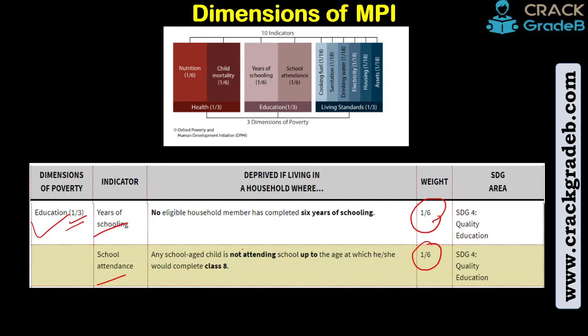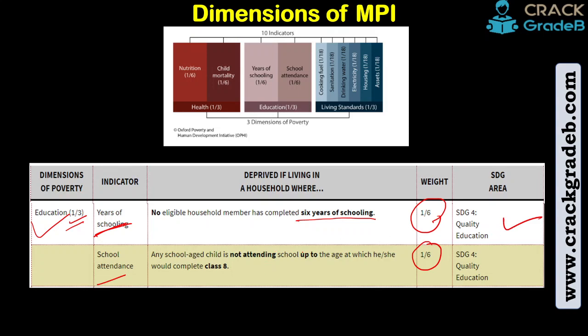Years of schooling means no eligible household member has completed 6 years of schooling. Okay, then it is being counted as deprived from years of schooling, right? And it caters to SDG 4, quality education.